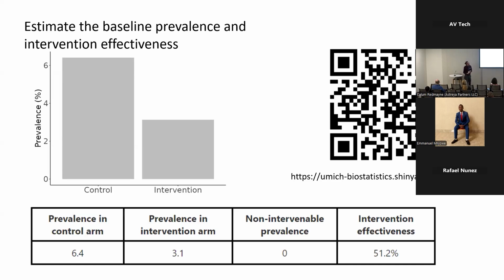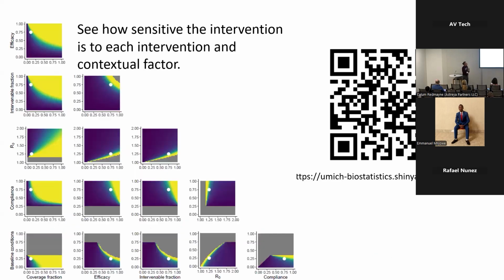The tool will calculate your prevalence, both in the control and intervention arm, and give you some basic statistics. And then you can look at the sensitivity of the intervention to each intervention and contextual factor. And this is largely meant as a planning tool to understand, for your specific context, where is it worth putting more energy and more of your resources?